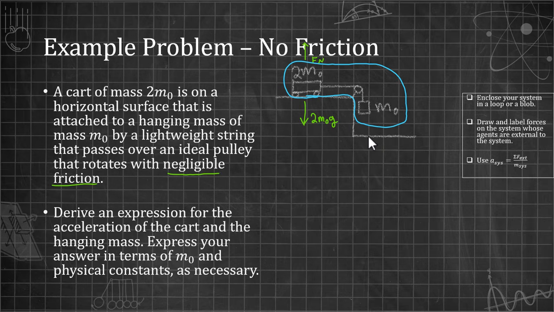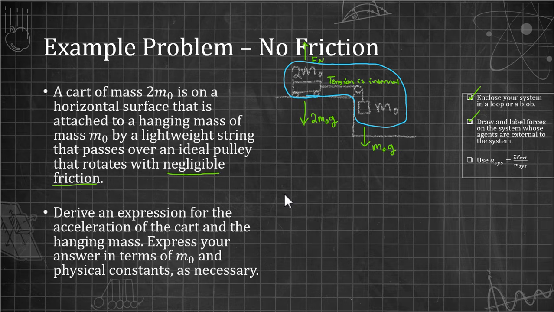On the cart, there's also a normal force pointing up. Just to note here, we do have forces on these objects from tension, but tension is internal to the system because it's inside of our blob. So now we've enclosed our system in our loop, and we've drawn and labeled the forces on the system from the surrounding environment.